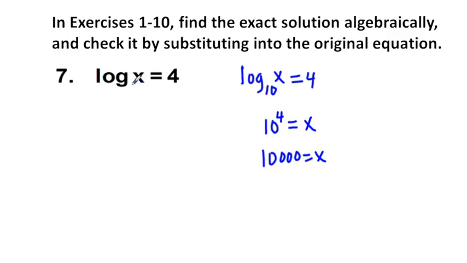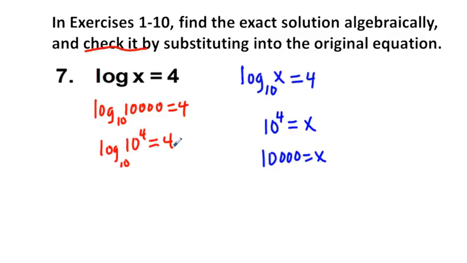We're going to plug this into our original equation for testing purposes according to the instructions of the problem. So we're going to say log base 10 of 10,000 is equal to 4. We can rewrite this 10,000 as 10 to the fourth power, so we can rewrite this as log base 10 of 10 to the fourth power is equal to 4.